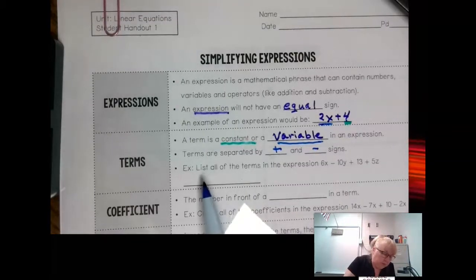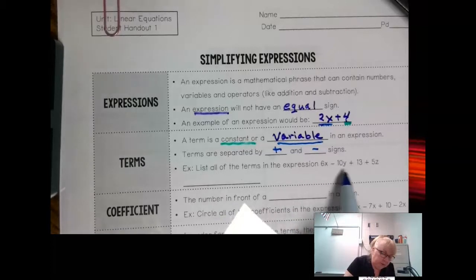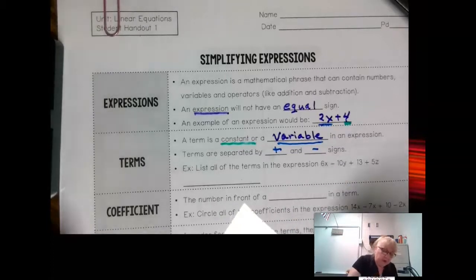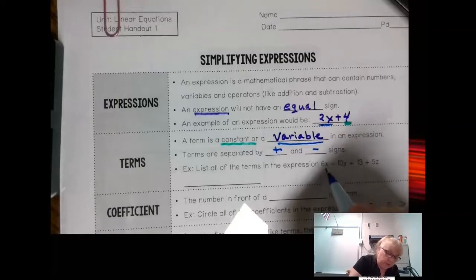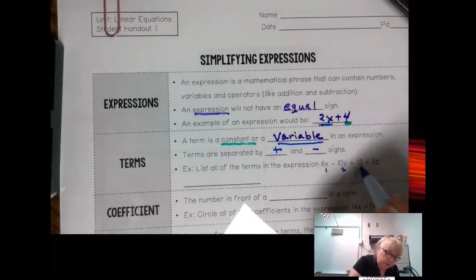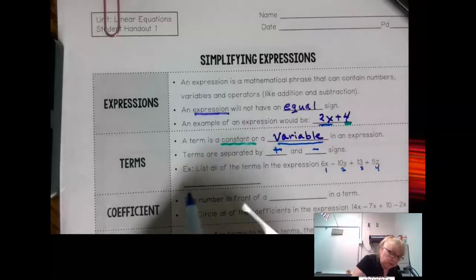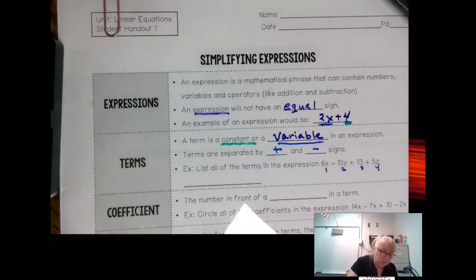So, what are the terms in this expression? How many are there? There's 4. There's 1, 2, 3, 4. There's two ways to look at this.